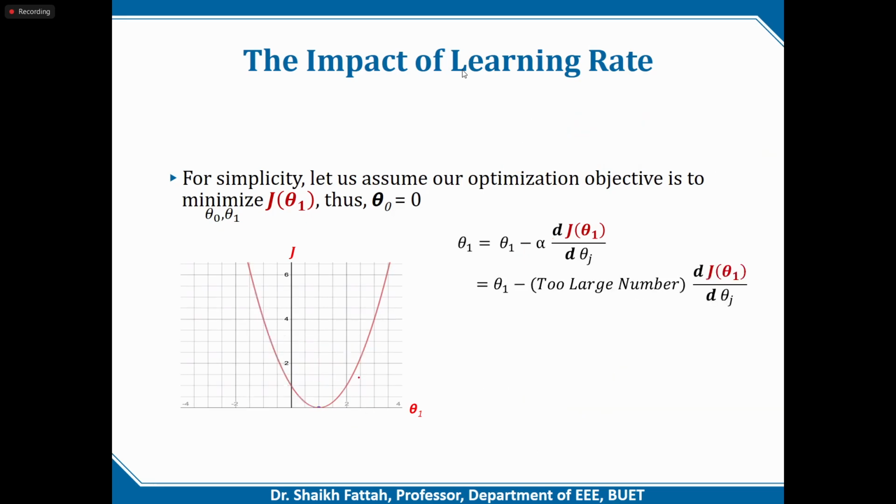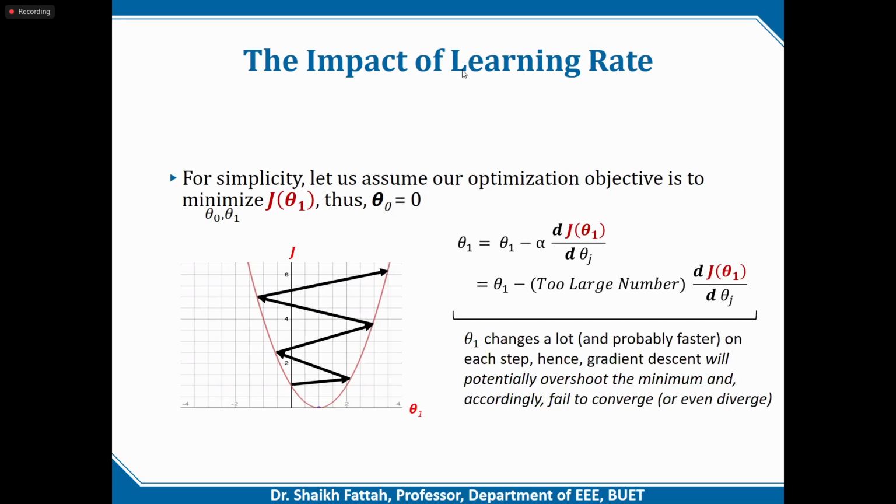If your alpha is too large, you will never reach the target value. Rather, you will just bump here and there. In each step you will have overshoot, and you will fail to converge.